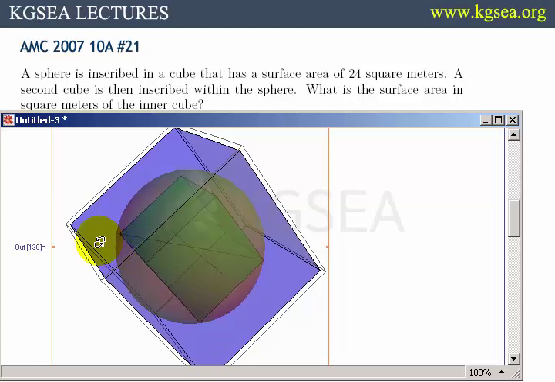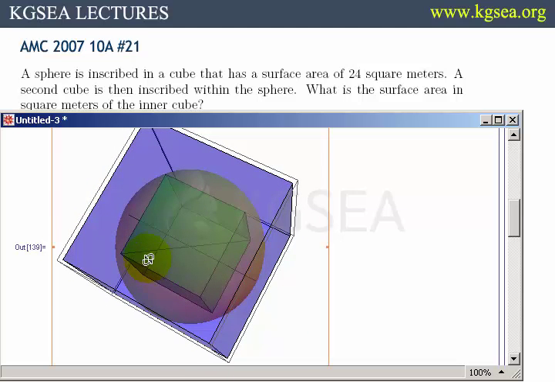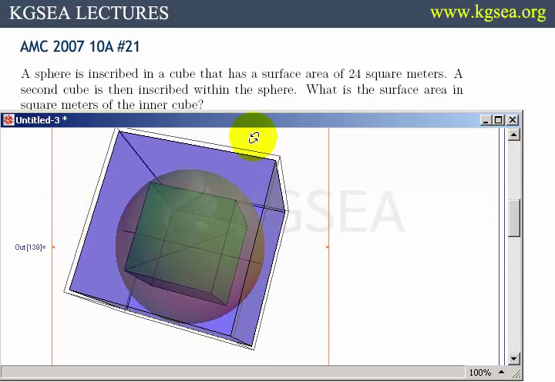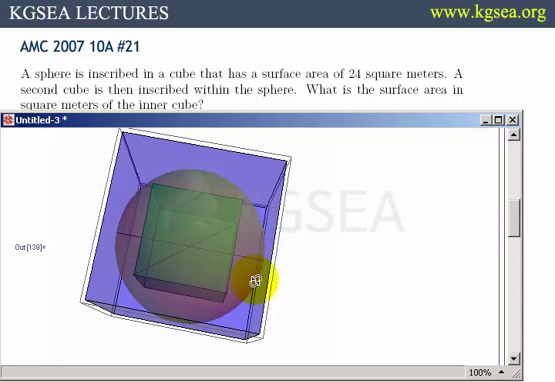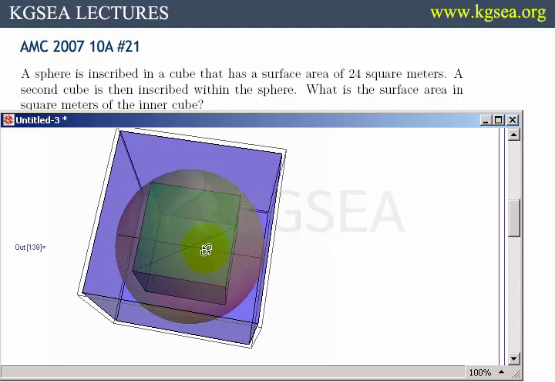Now, here's what I want you to see. Yes, both are diameters of the sphere. And yet, this diameter is actually the width of this outside cube. Agree? You can see it, right?